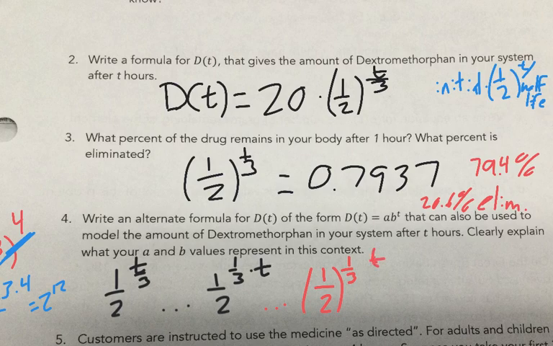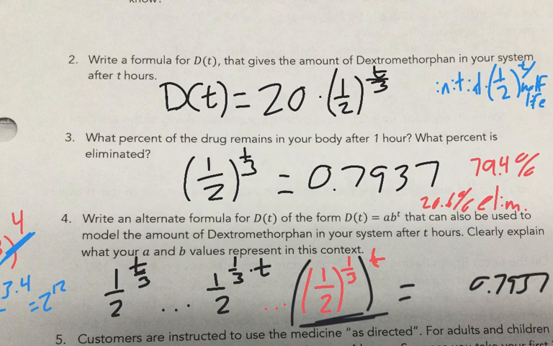Right, so I'm undoing how it was a power to a power and we multiplied. Now I'm writing this as a power to a power. So now it's 1/2 raised to the 1/3 raised to the t. And the reason I can do that is I know what this is. 1/2 raised to the 1/3 on its own is that number we just looked at, 0.7937. And this is still being raised to the t.